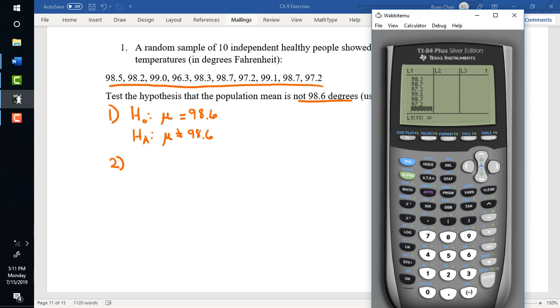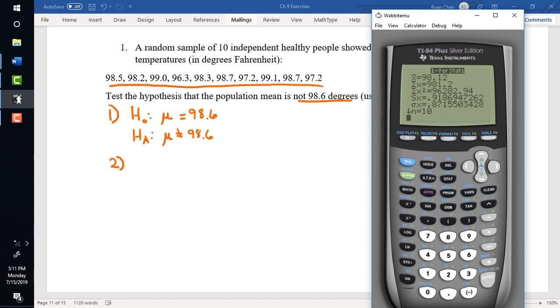Okay, so once we're done, remember we go to stat, calc, and then one variable stats. Notice they give me x bar 98.12. My s, remember we're not using sigma, we're using s because it's a sample. I'm sampling 10 people here.